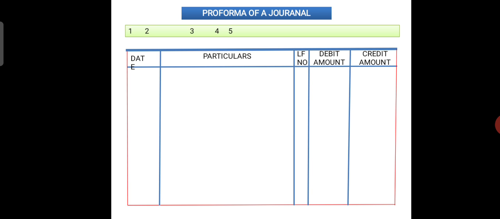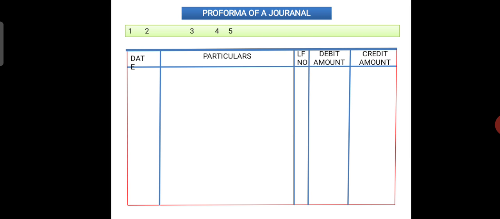Students, like this you can prepare the journal proforma. And the greenish box which I gave here, you should not prepare. That is for understanding. There are 5 columns in the journal. So what are the five columns?